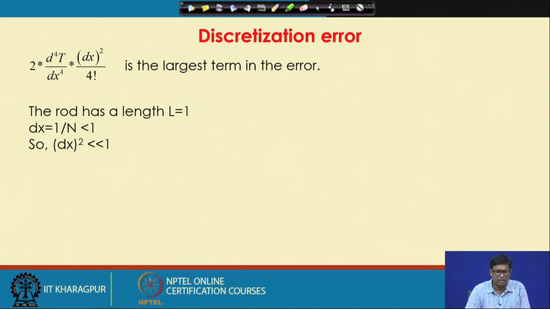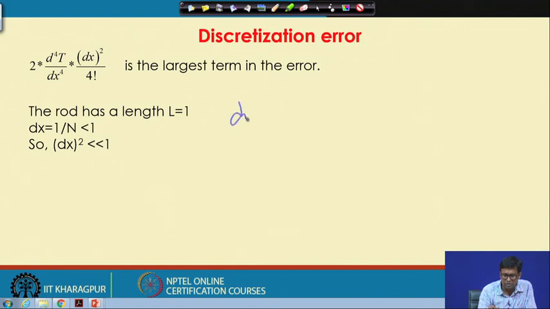If the rod has length L, dx is 1 by L, which is less than 1. If n is 10, where n is the number of spacings, not the number of points, then dx is 1 by 10 and dx whole square is 1 by 100. In our particular case, dx is probably 1 by 8. So dx whole square is again a small number, and the terms with dx to the power 4 are much smaller than dx square, because dx is less than 1.